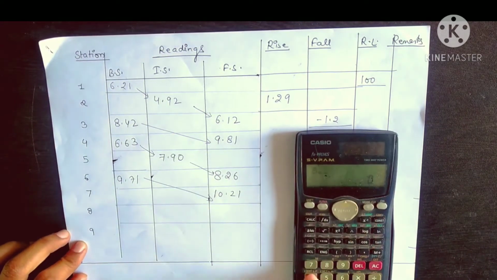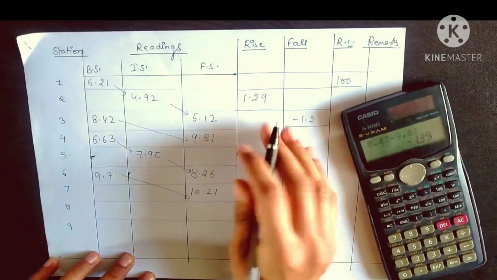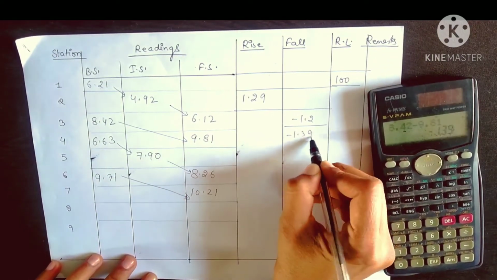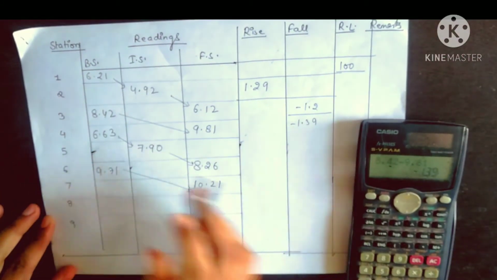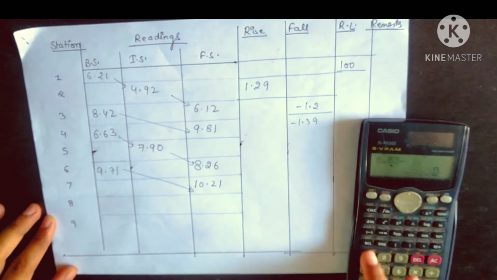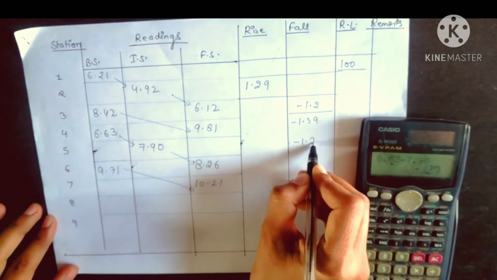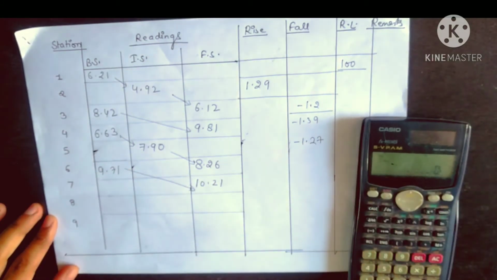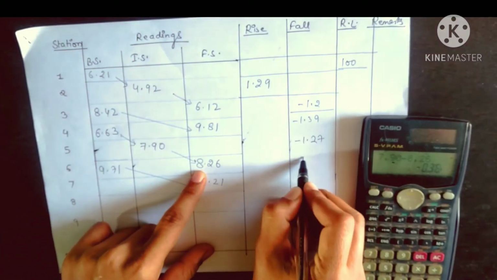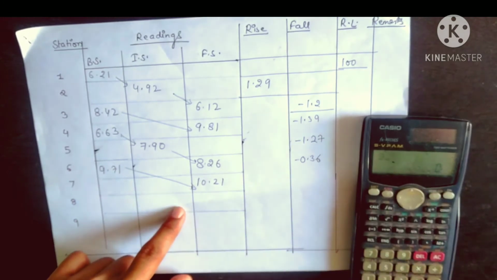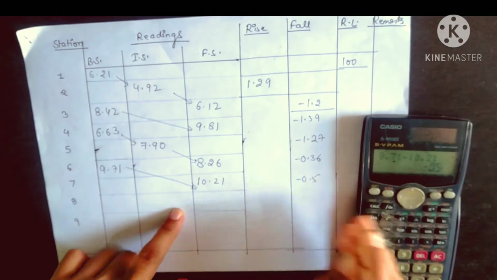Okay, 8.42 minus 9.81 gives us minus 1.39. Okay, 6.63 minus 7.90 is minus 1.27, 7.90 minus 8.26 is minus 0.36, and 9.71 minus 10.21 will give us minus 0.5.